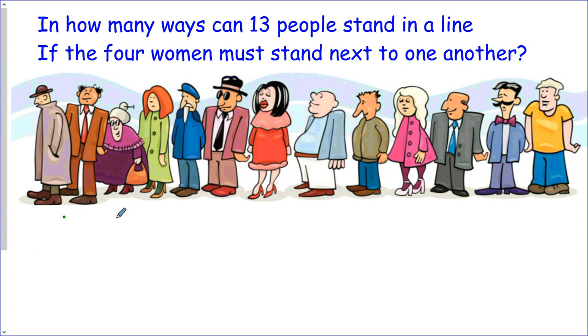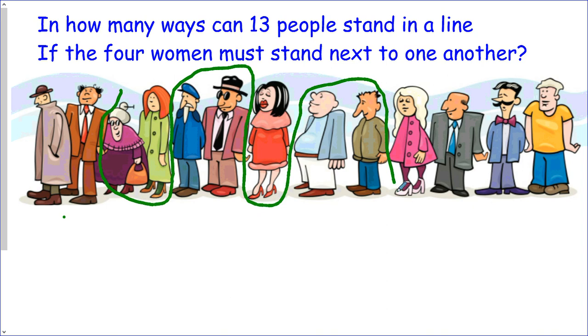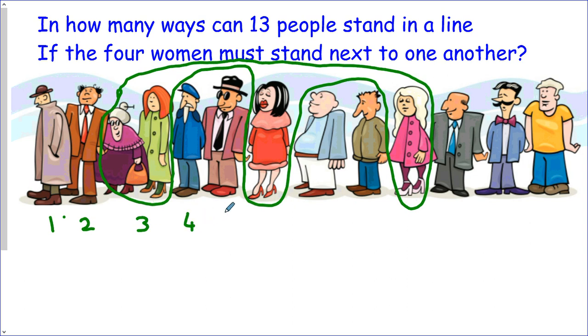So now there's a little kind of cognitive trick here, but if we were to put a band around these 4 women, and treat them as a person, then basically we would have 1 person, 2 people, 3, which is our group of women, 4, 5, 6, 7, 8, 9, 10. And the way we can arrange 10 people in a row would be 10 factorial.